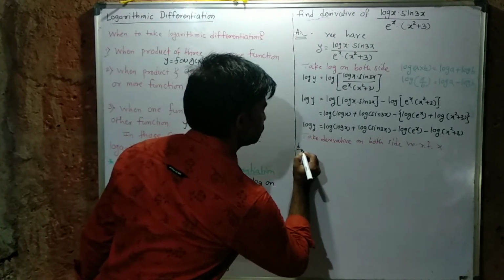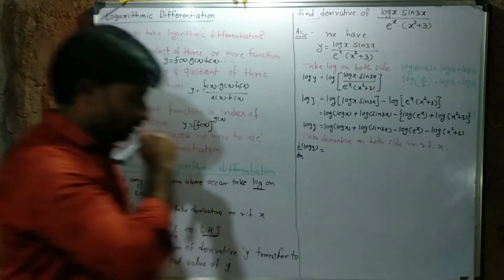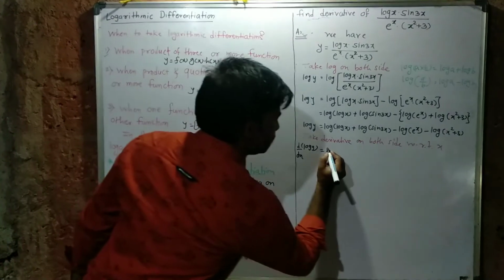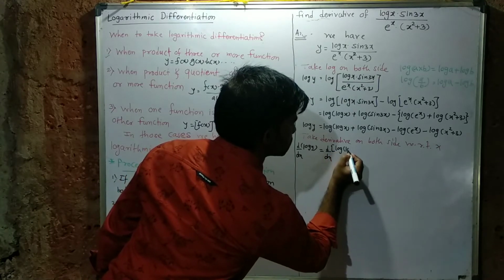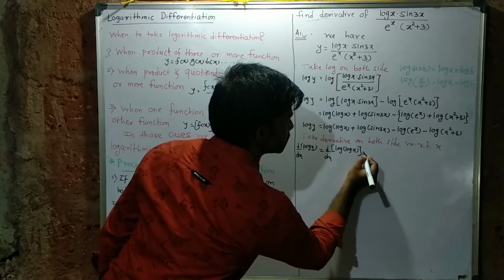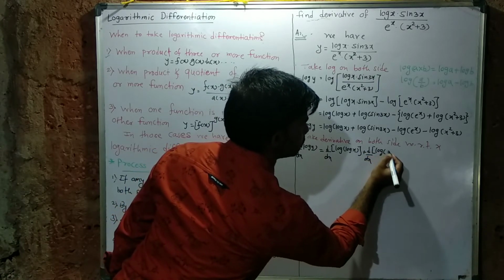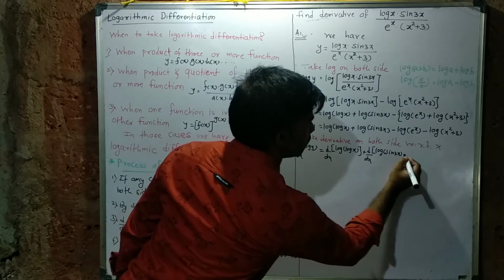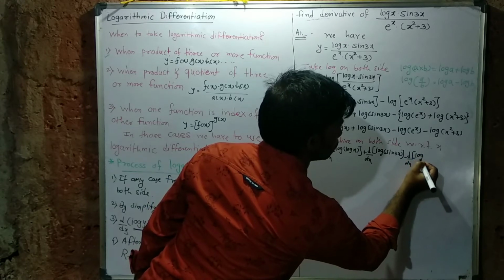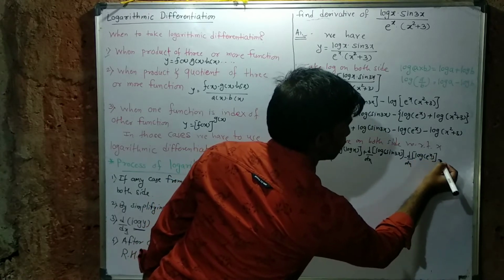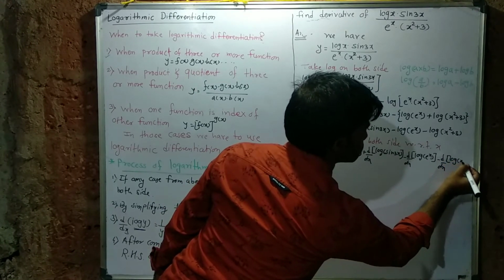Therefore we take d/dx of log y, then d/dx of log of log x, plus d/dx of log of sine 3x, minus d/dx of log of e raised to x, minus d/dx of log of x square plus 3.